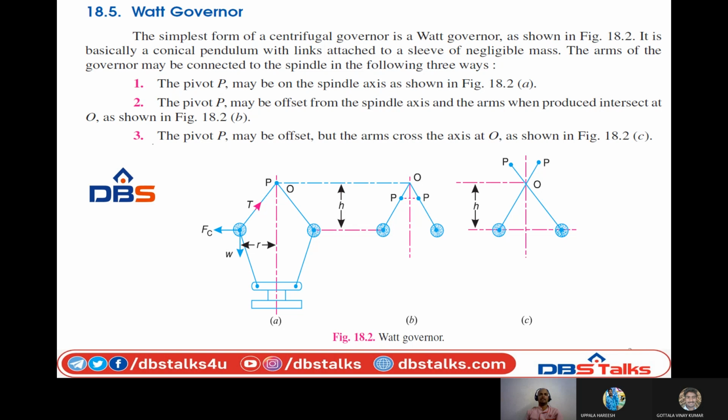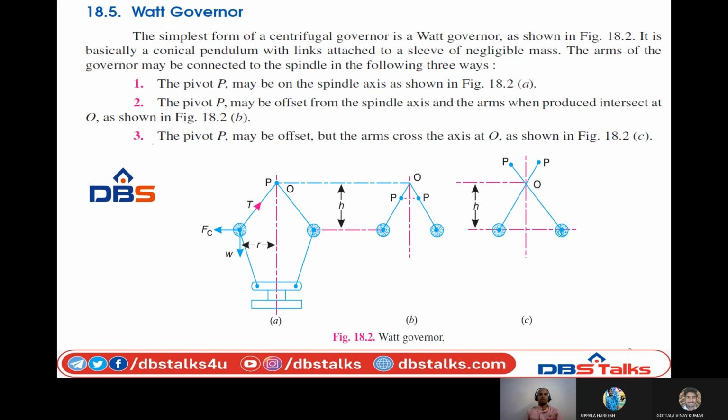The spindle is the axis, the pink color indication. When we project the arms upward, intersecting at O, about the axis of the spindle we have two pieces, one on the left hand side and the other on the right hand side.